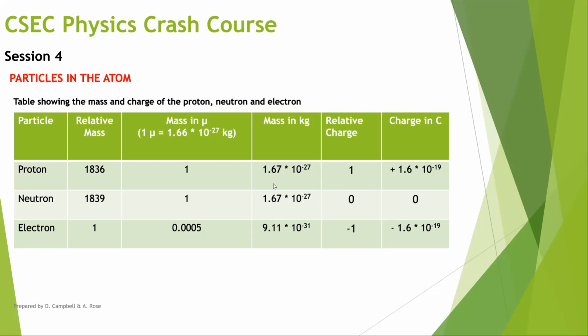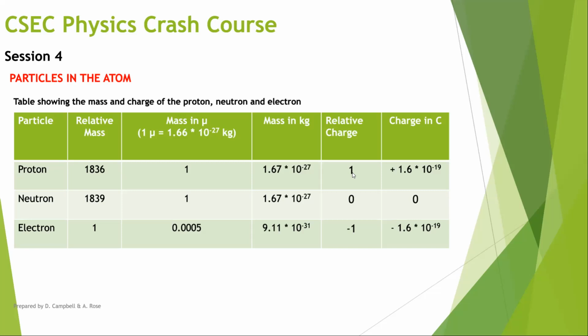So the proton and neutron are very close in terms of their masses. But the electron is very light. This is 10 to the minus 31, so lighter by a factor of about 10,000 times.